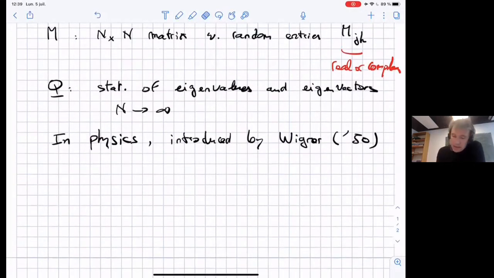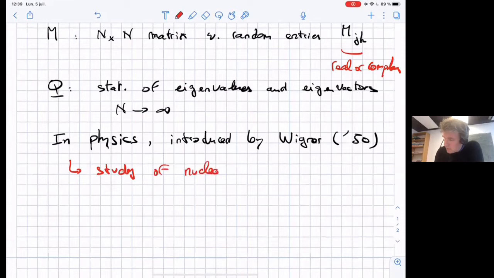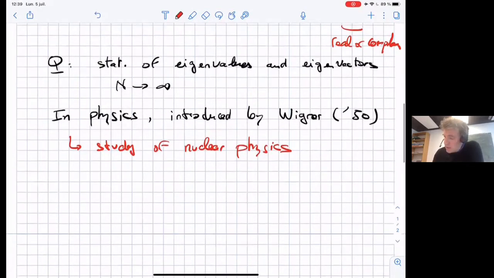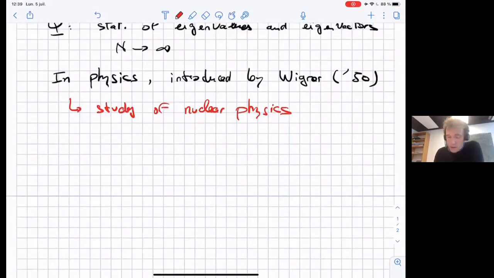And as you probably know, what he was interested in was in the context of nuclear physics, where you are interested in understanding the spectra, and that means trying to solve the Schrödinger equation for big nuclei.